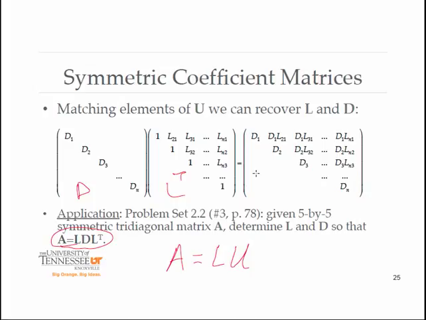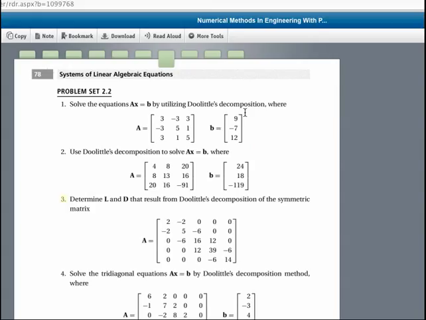Just looking very quickly before I show you the code, let's look at the problem specifically. This is number 3 in problem set 2.2, page 78 in the book. Given this particular tridiagonal matrix, here's the A, and here's a tridiagonal matrix.